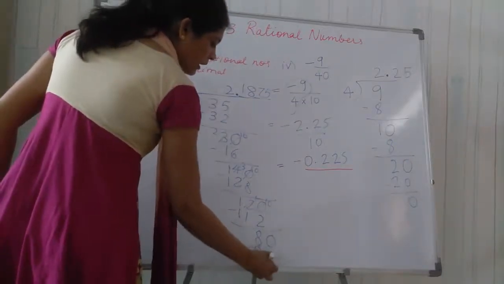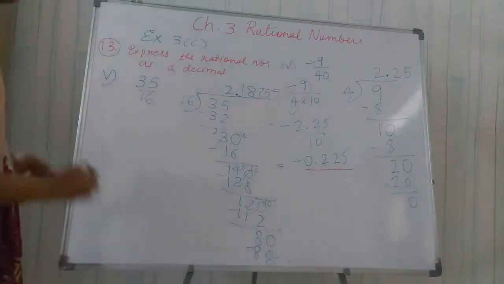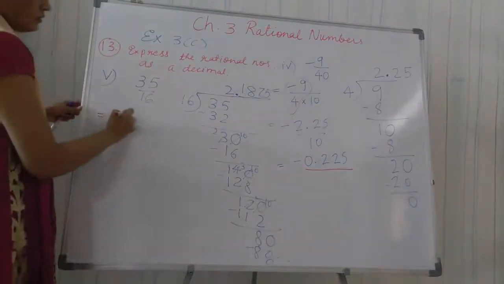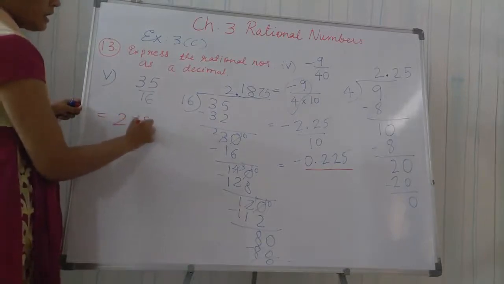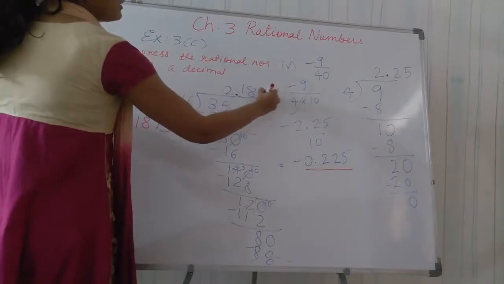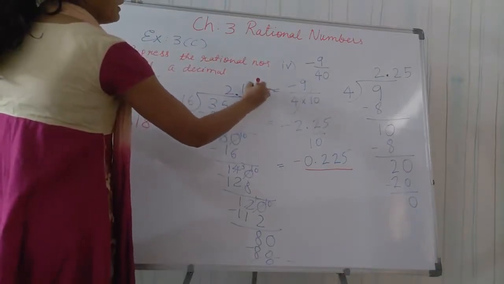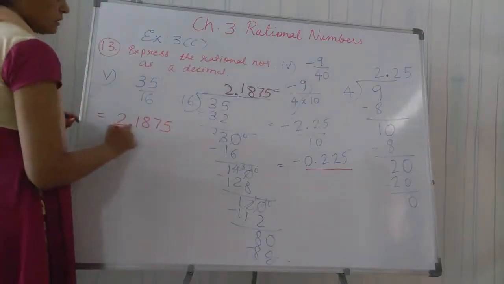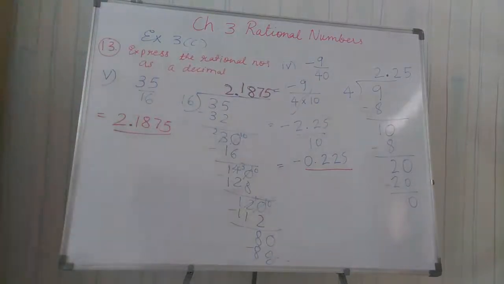So now we can complete this division here, and the final answer we found here is 2.1875. You see here, this is 5 here, 7 8 1.2. So now understood students how to get the decimal representation of any rational number.